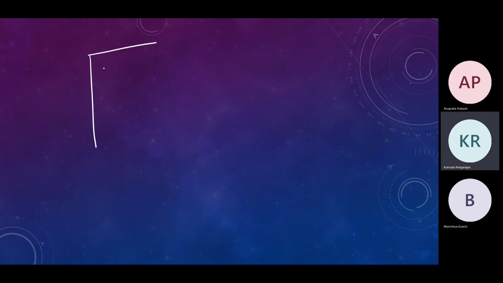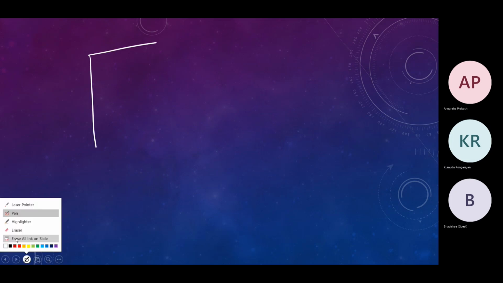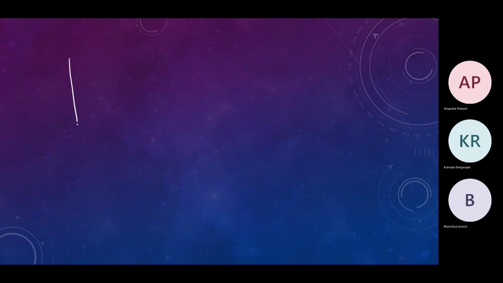Anugraha, tell me, how does the long division work? Ma'am, first we have to put a dash for two numbers. Now start. Then we have to take the closest square to 33. No, it's okay. We'll not go in for the explanation.